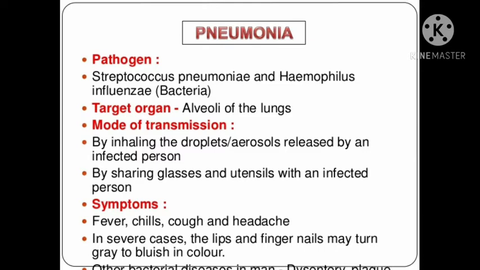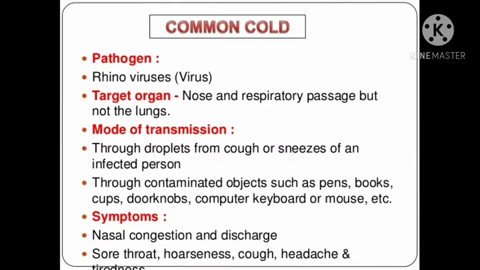Next, we move on to diseases caused by viruses. The first disease is the common cold. The name itself is suggestive. It is a very common disease. It affects the respiratory passage and nose, but it does not affect the lungs.